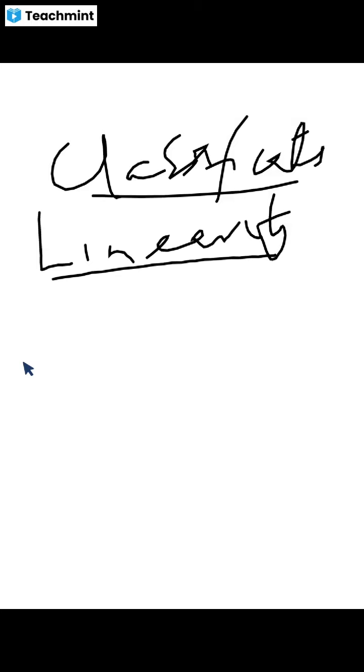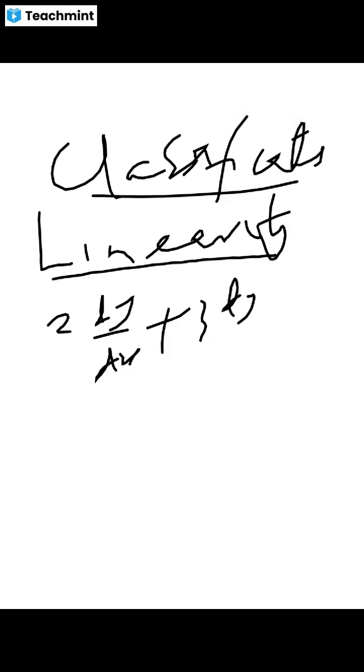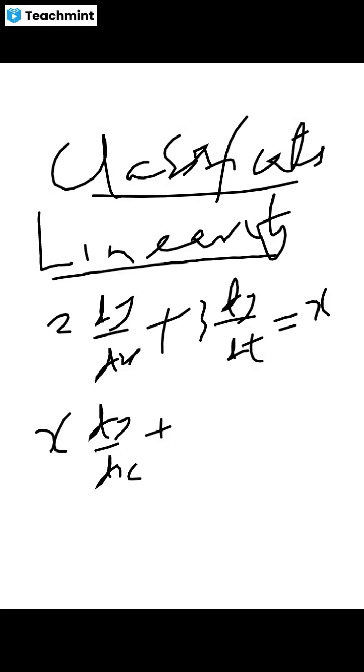For instance, we have 2 dy/dx plus 3 dy/dt is equal to x. Assuming we have something like this, this is a linear partial differential equation. But if I have something like x dy/dx plus 3t dy/dt is equal to 0, this is another partial differential equation.